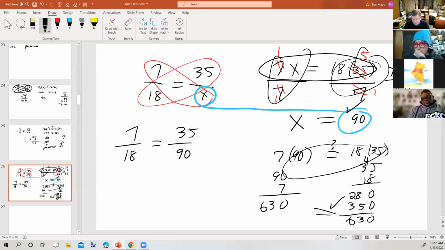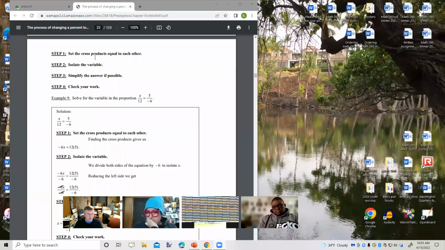Now I want to go back to the other screen as soon as I can find where my mouse has wandered off to. So here are the 4 steps involved. Set the cross products equal to each other, isolate the variable, simplify the answer if possible, check your work. And I just wanted to put that up there so that if you don't write it down but later need it, you can always go back and check the video if you want to.